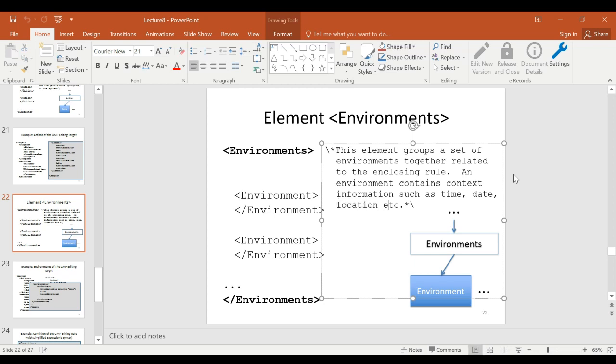So that's a good example of information that you cannot describe as being either information of type subject, resource, or action, and therefore you can include it as part of this generic placeholder element known as environments. So again, it's a plural, and therefore you can include any number of individual environment elements in it.